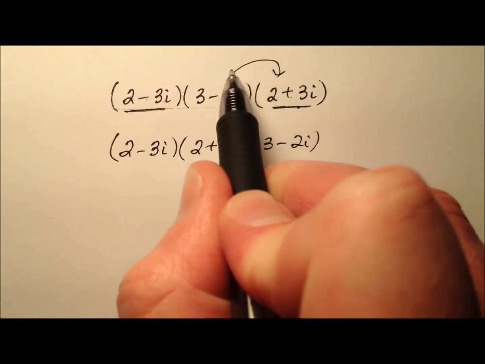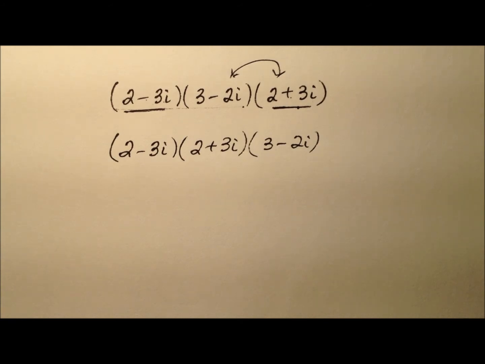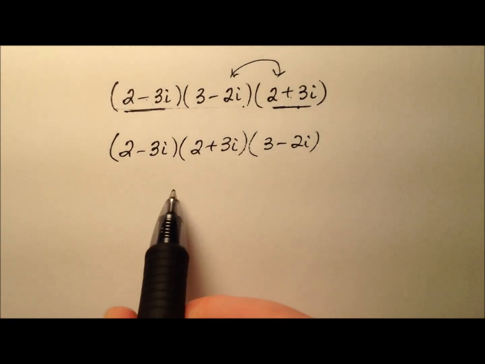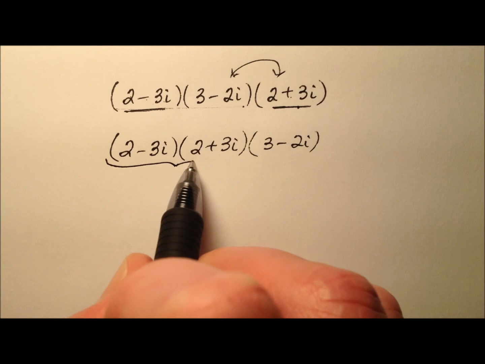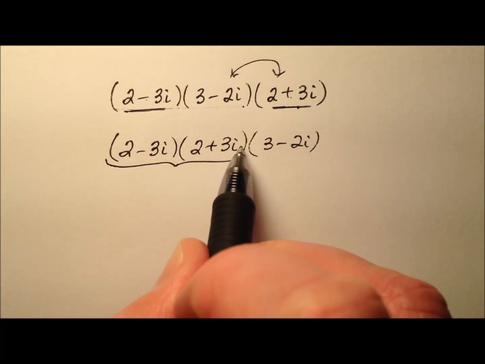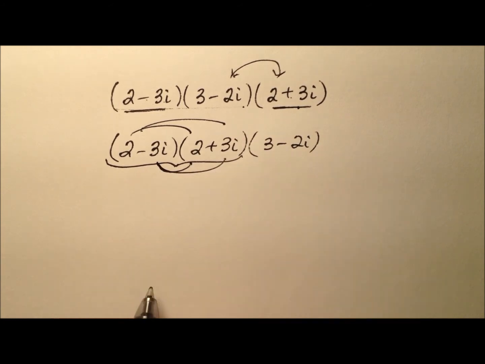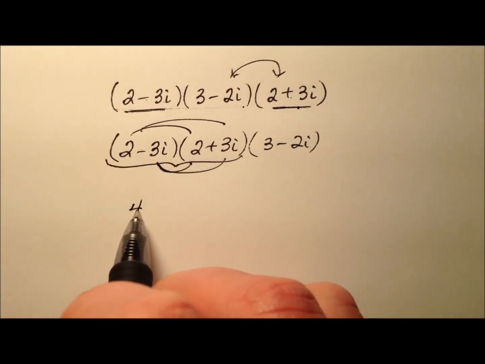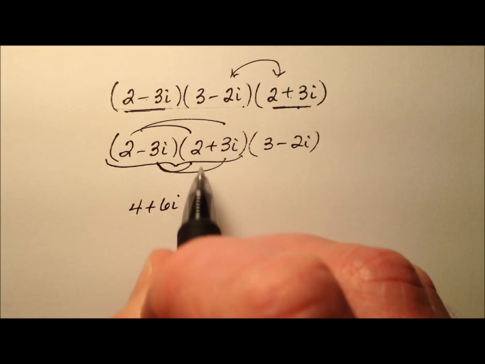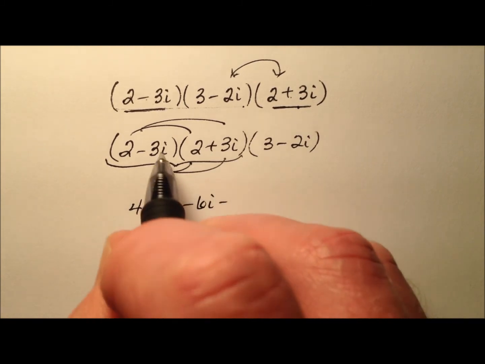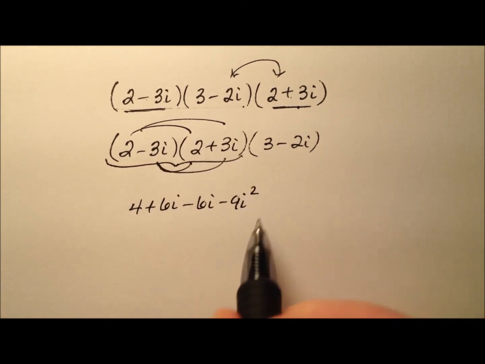And I've just changed the order of those two complex numbers. And I'm going to show you why we did that. So when I just multiply these first, I'm going to distribute, and distribute. So 2 times 2 is 4, plus 6i, minus 6i, minus 9i squared.